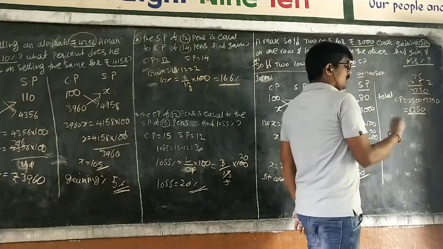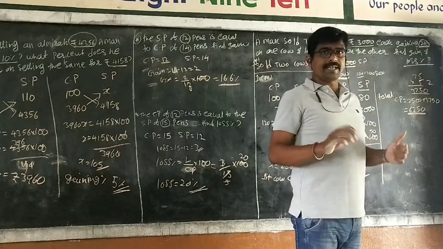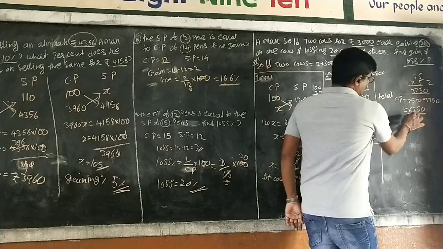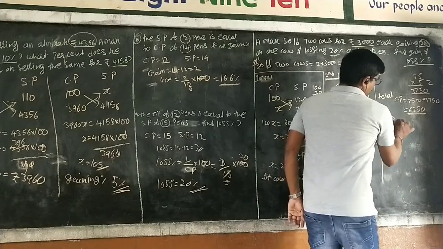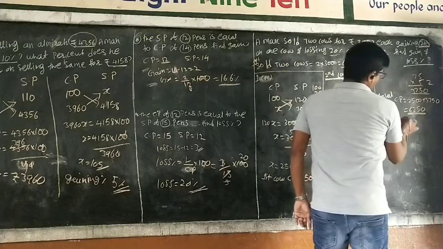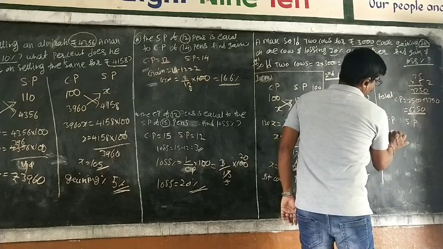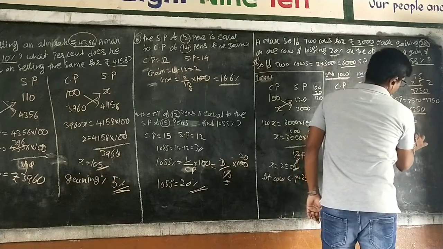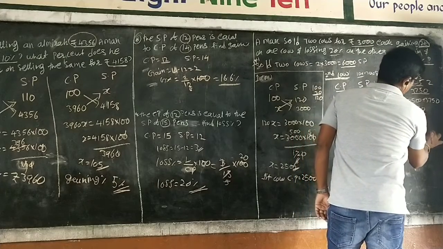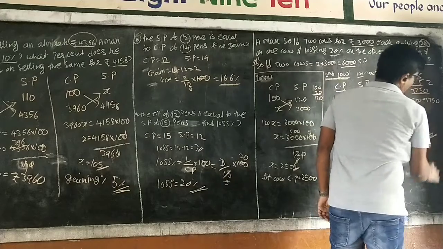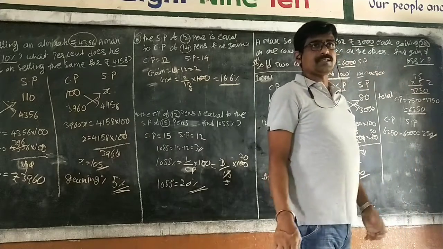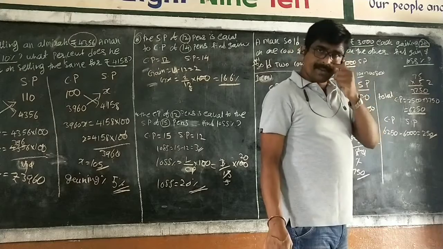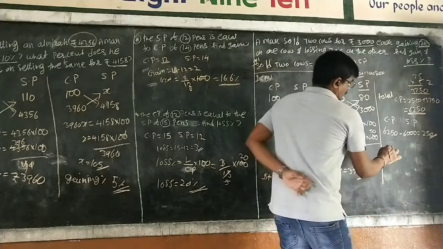6,250. So we have to find the loss or gain. Cost price is 6,250 and selling price is 6,000. That is equal to 250 loss. We have to find the loss percentage.